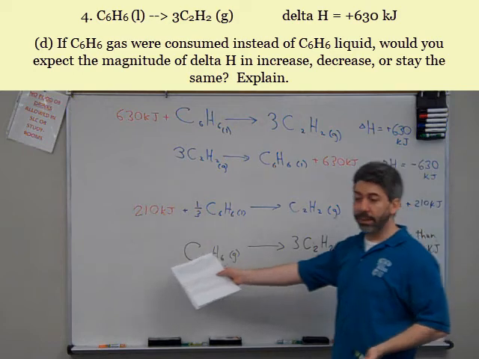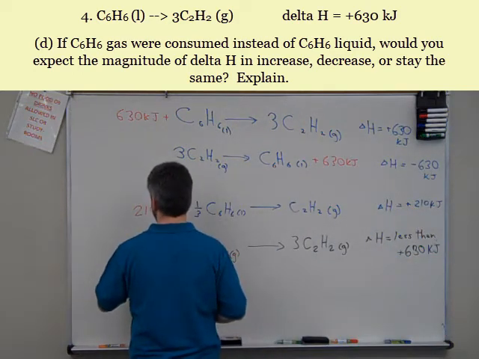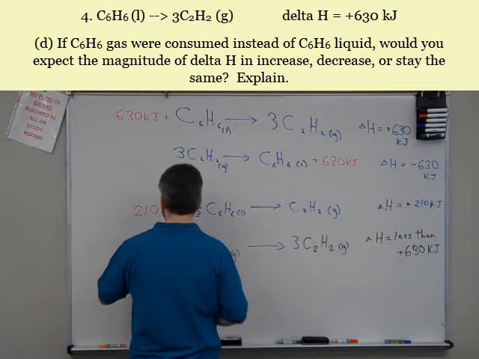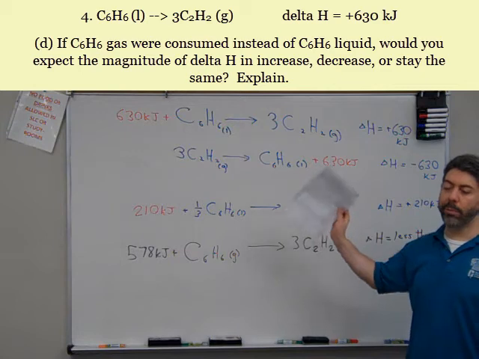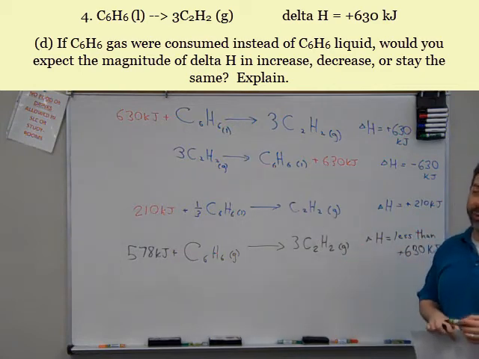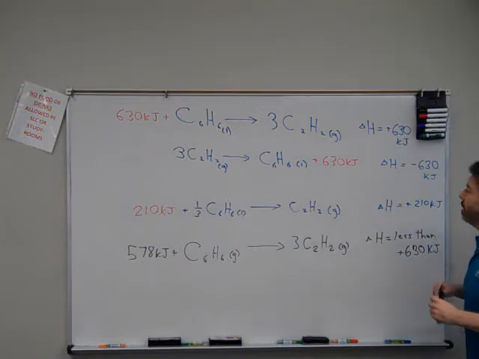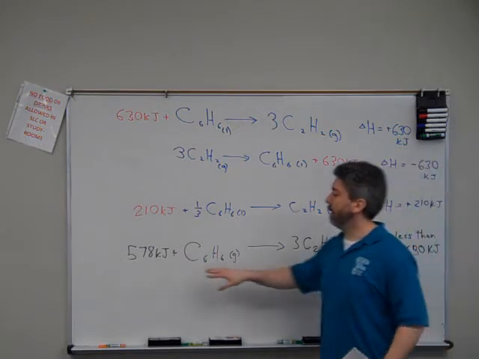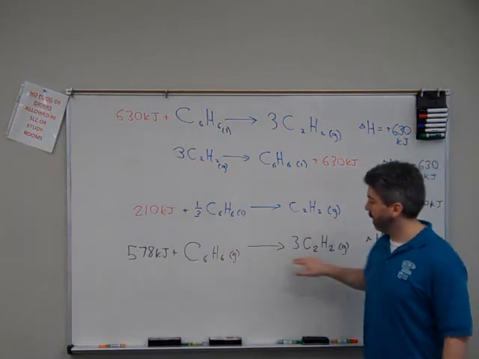So maybe instead of 630 kilojoules, it would only take, say, 578 kilojoules. And that's just a number I made up. I don't know if that's actually true. I like to make things up. So it'll definitely take less energy to get this to here.